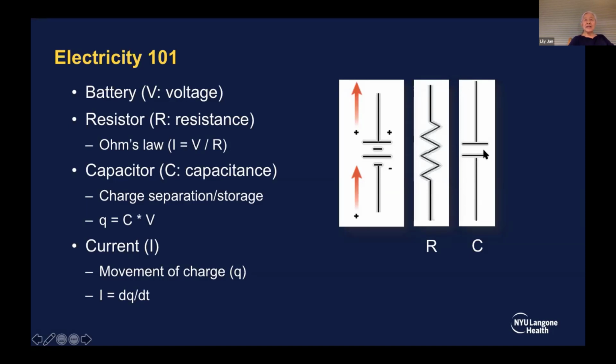And since the insulating material prevents the charge from going across the capacitor, we have a buildup of positive charges on one side and negative charges on the other side. And so in this case, the bigger the capacitance, the more charges will build up for the same voltage across the membrane. So charge is the product of the capacitance and the voltage.